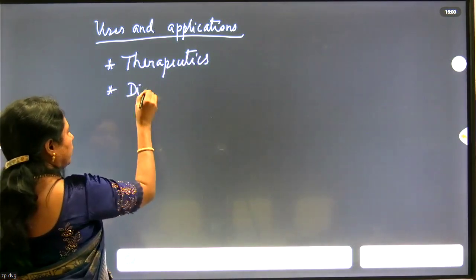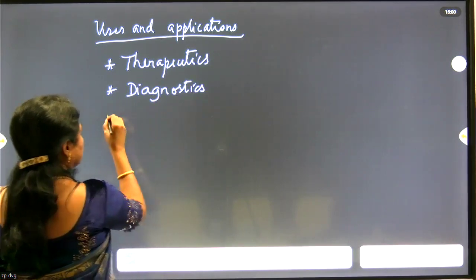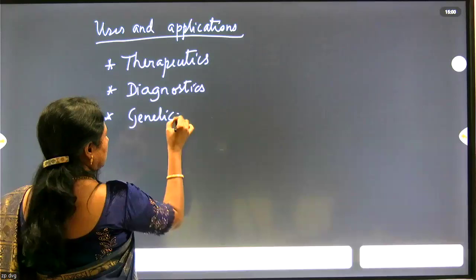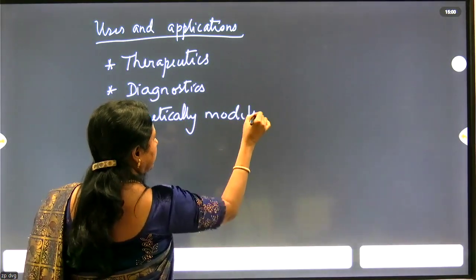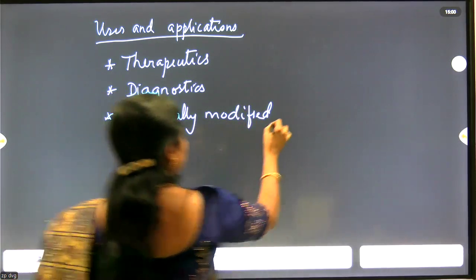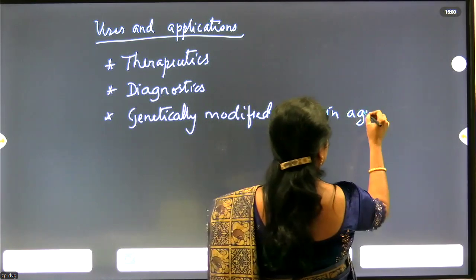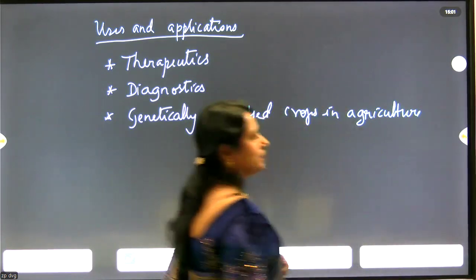Next, in the field of diagnostics. Next, in the field of genetically modified crops in agriculture.